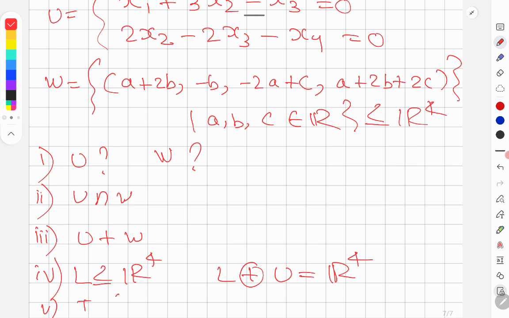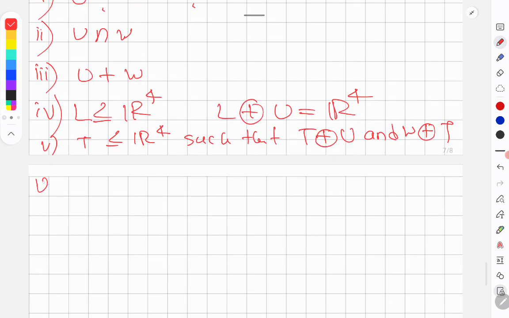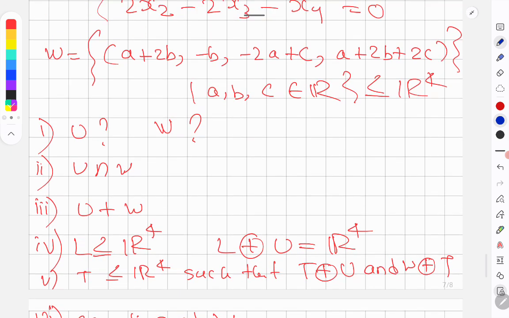Then you have T less than R4 such that... we will get to each and every question, don't worry about that. And the equation of W. So let's first decode the big question.